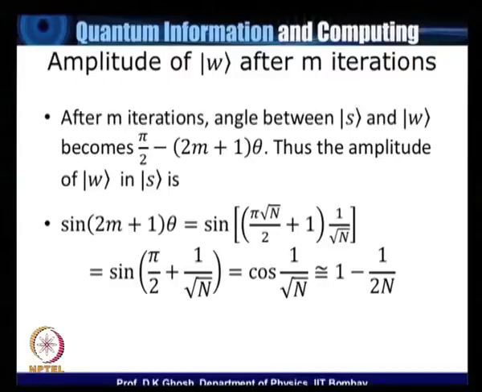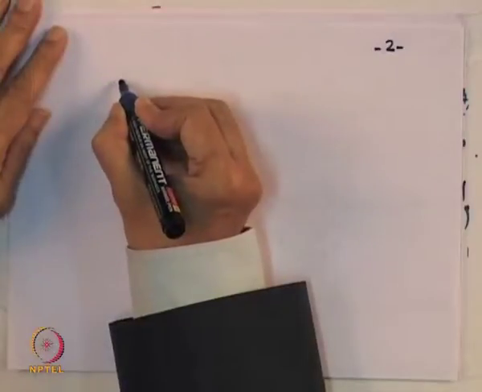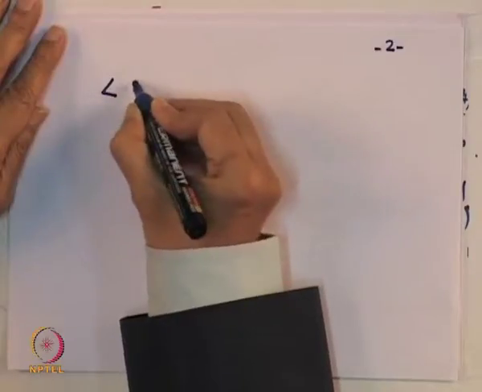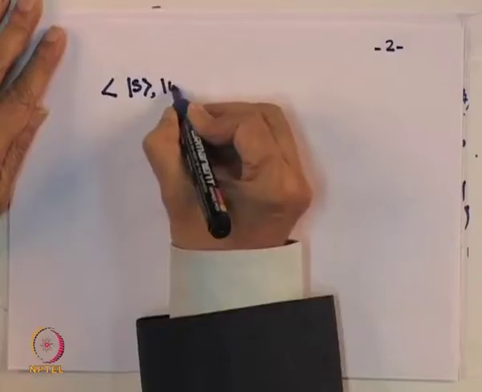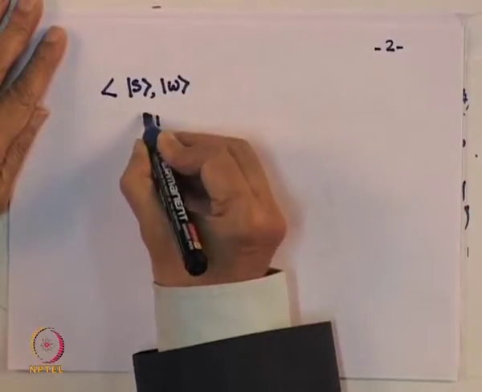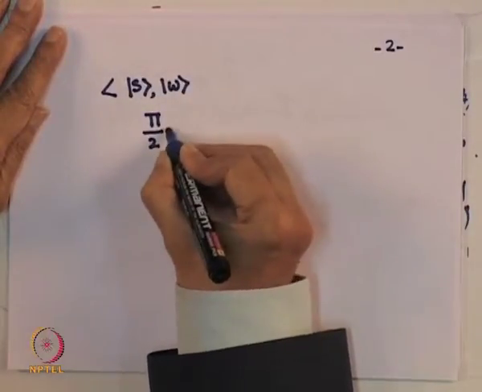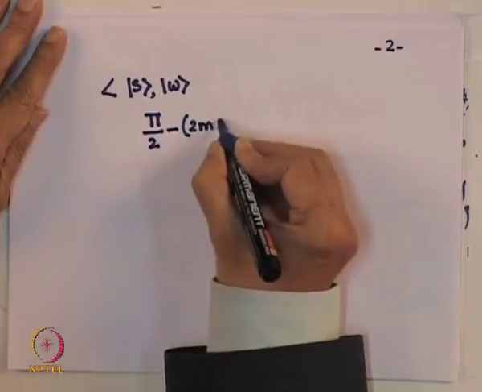If we have made m iterations, remember my original angle was pi by 2 minus theta, and after every iteration the angle between the standard state and the marked state is decreasing by 2 theta. So as a result, the angle between S and W after m number of iterations will become pi by 2 minus (2m plus 1) theta.